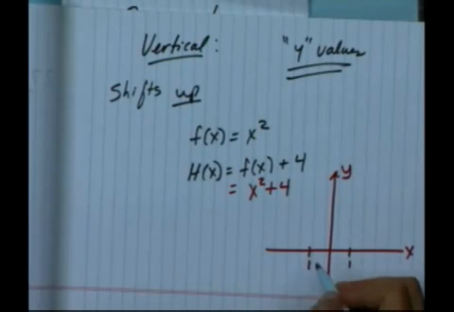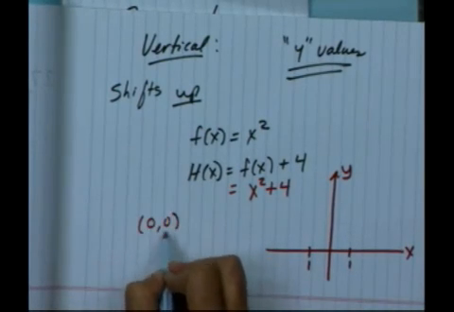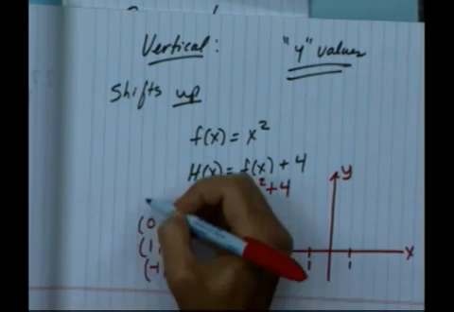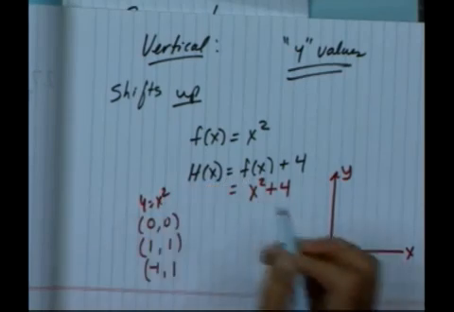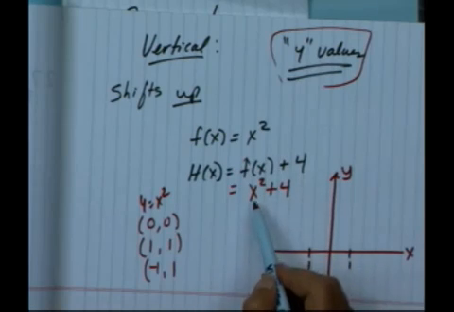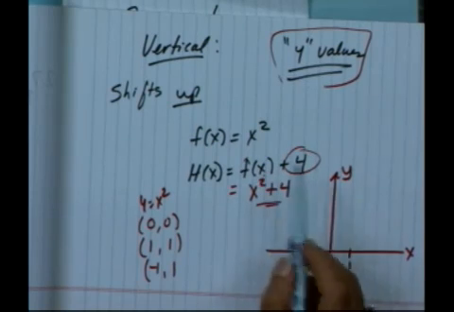Now, remember on the old one it was 0, 0, 1, 1, and negative 1, 1. This is the old y equals x squared. If I'm affecting the y values, to get my new graph, all I'm doing is adding 4 to the old y's. Do you see that?